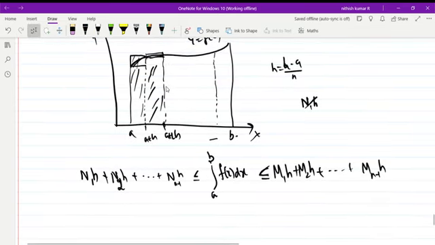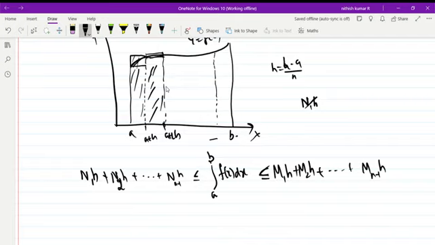Now see, since this curve is bounded between the interval a and b, it has some infimum and supremum.